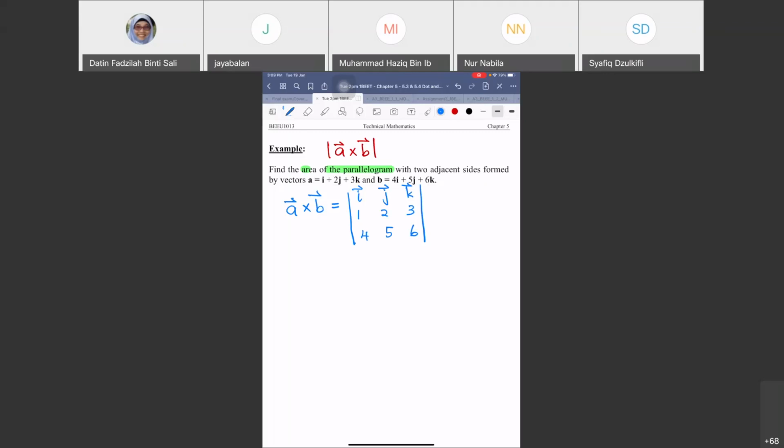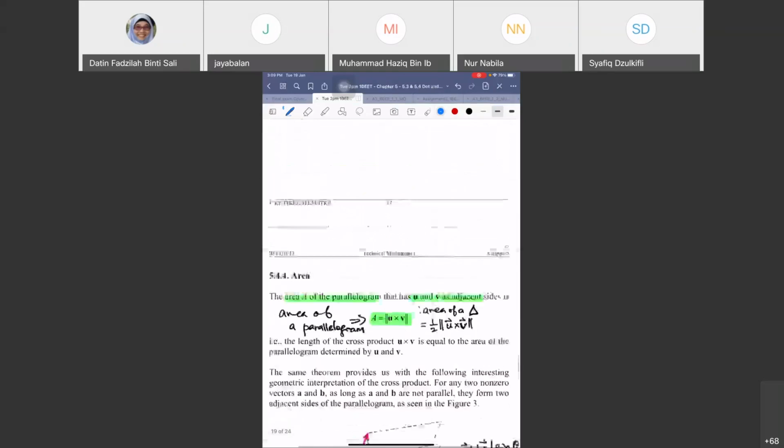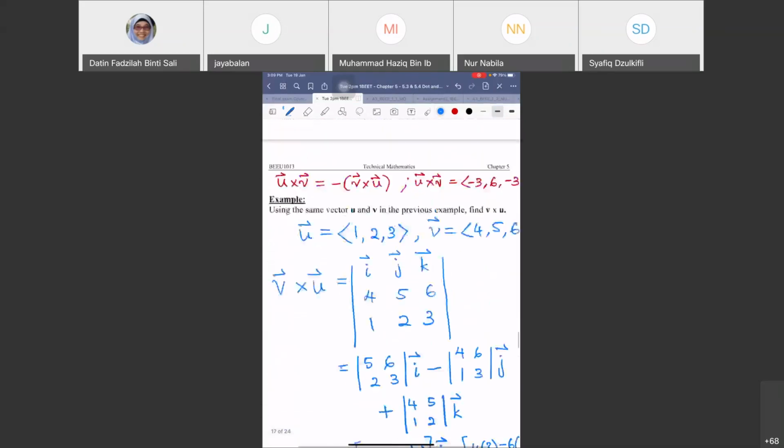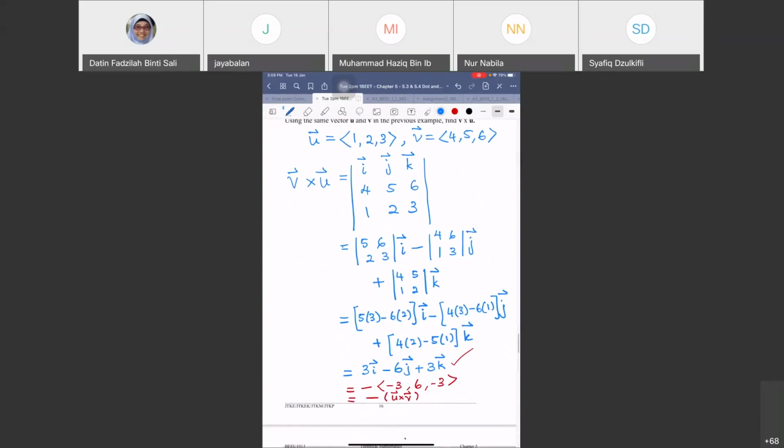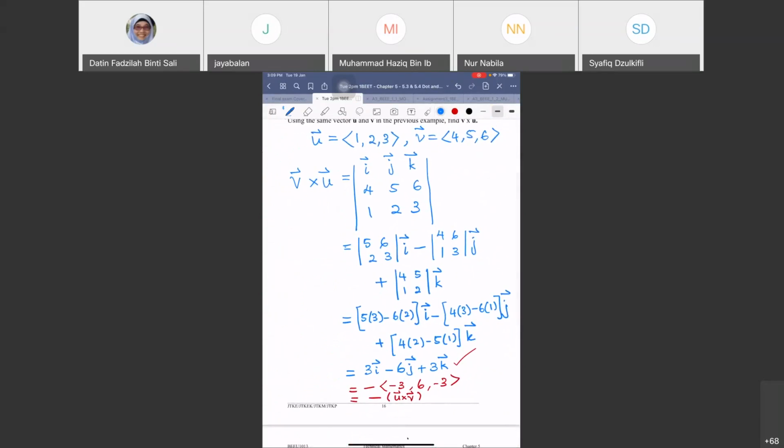So I'm using a similar example, the one I showed you previously. I just want to take the answer straight away, I do not want to go through the computation again.